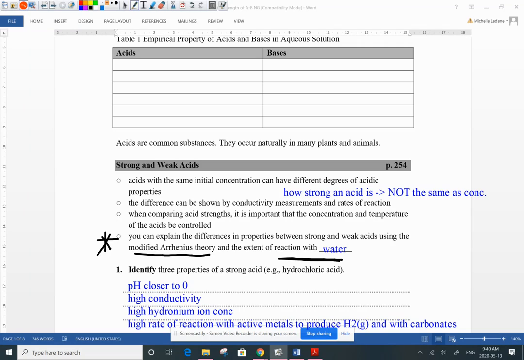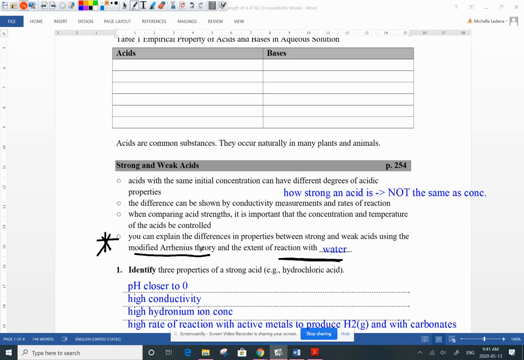They have a high conductivity when you dip a conductivity meter in, high concentration of hydronium ions, and they react with metals like zinc and other strong metals to produce hydrogen gas to make bubbles, and they react with carbonate. So if you react it with sodium bicarbonate, you've done this as a kid, right? When you take vinegar and some baking soda at home, you get this giant volcano explosion of bubbles, right? Well, that's because the acid reacts with the carbonate.